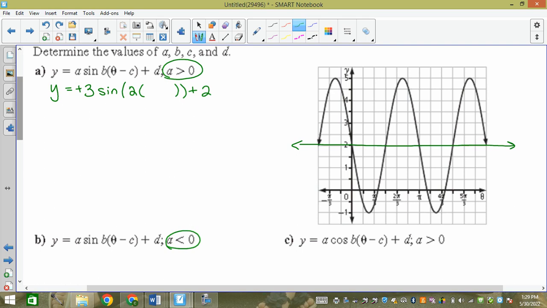This would be y equals negative 3 sine. So this is how they can force it to be a negative or a positive, right? By just stating that the a's have to be positive or the a's have to be negative.